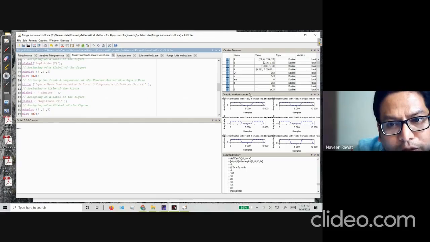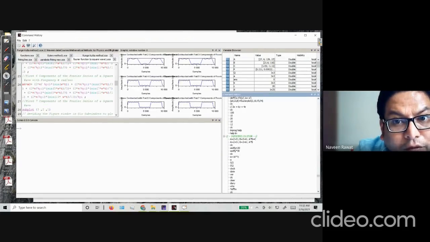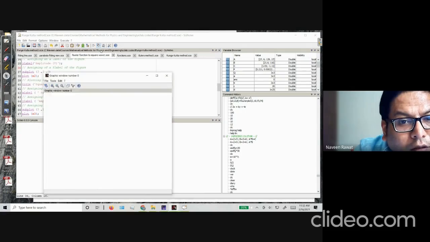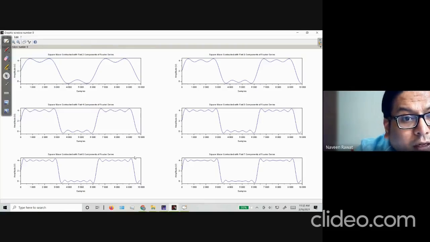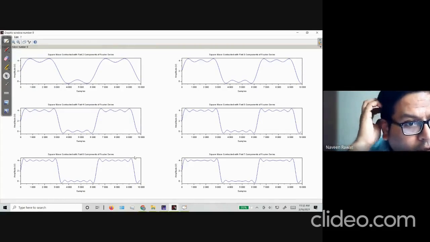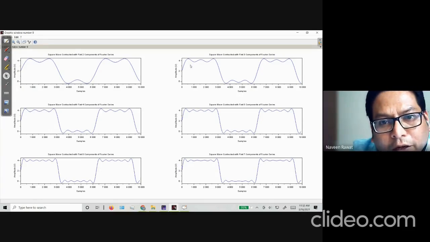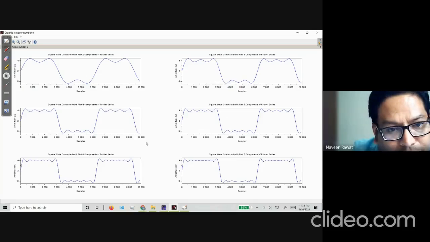there you see you're getting the output. Hold on, let me bring it outside if I can. There you go. Okay, so this is our output signal we are getting. You see, the first curve is just showing you a combination of Fourier series with only 2 terms. Okay, and then you have again a Fourier series that is getting created with 3 terms, then 4 terms, 5 terms, 6 terms, and 7 terms.